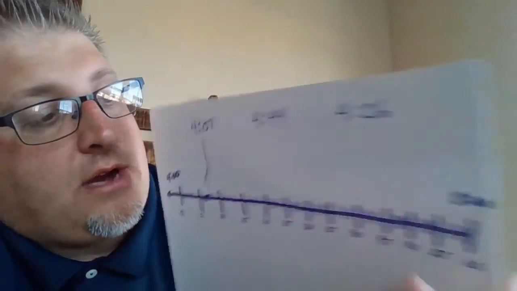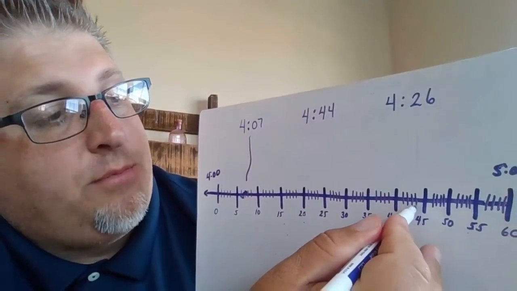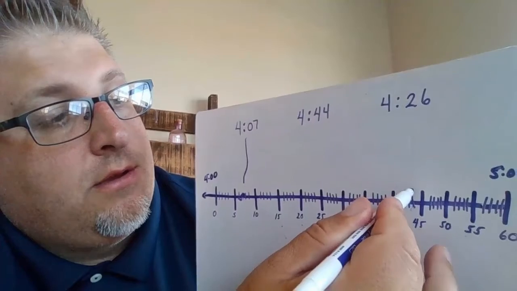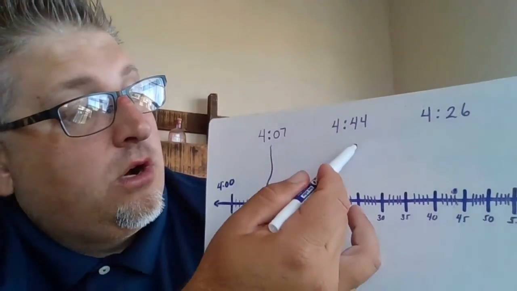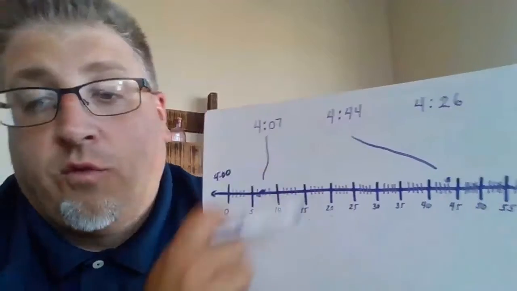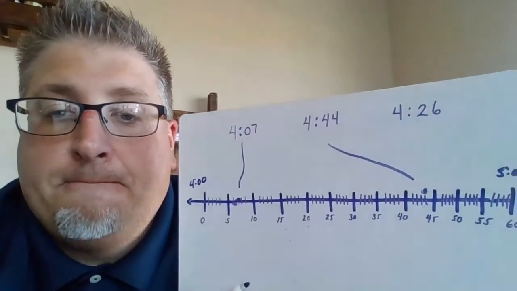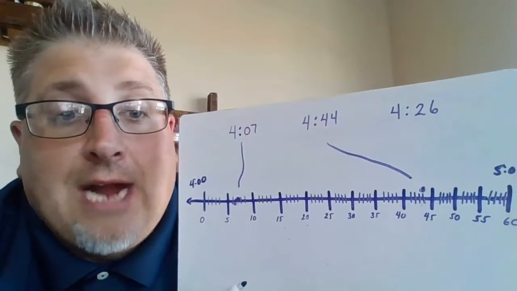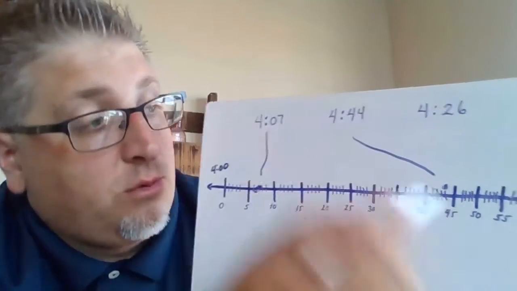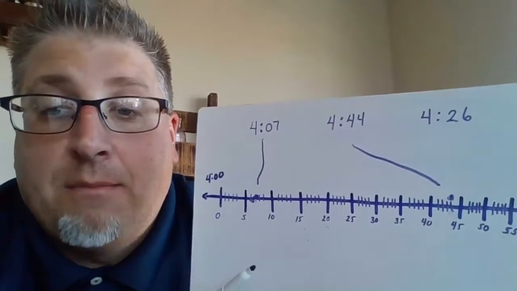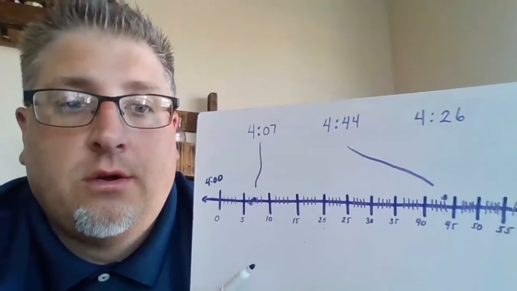And, of course, my marker kind of dries out a little bit when I'm trying to put that plot point. There it is, right there. That's better. So that is 4:44. Okay? I took the 40, and then I counted up 4 tick marks, counted by ones. 41, 42, 43, 44, and I plotted my mark at 4:44.